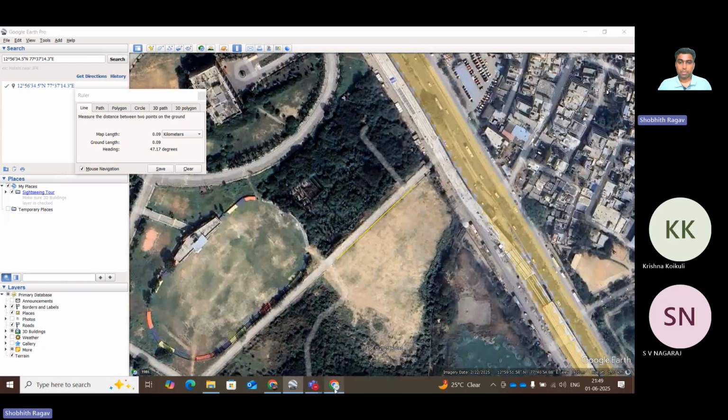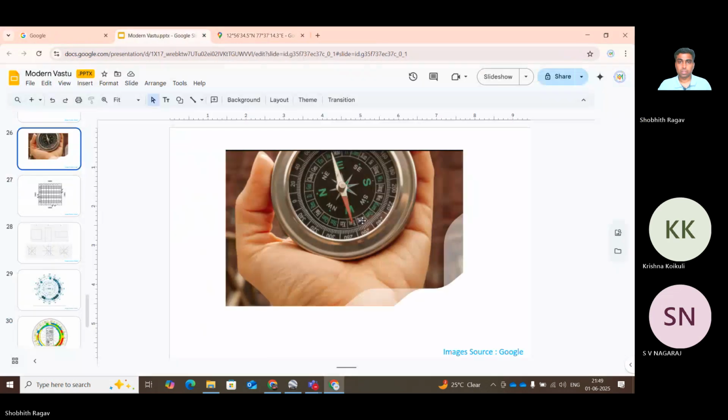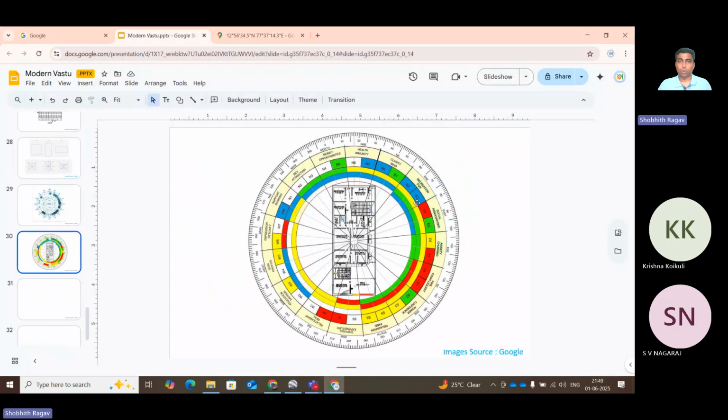Now once this mapping is done and we are sure of the degrees, then we are good to go, because the first step is the entrance mapping. There are two entrance effects.